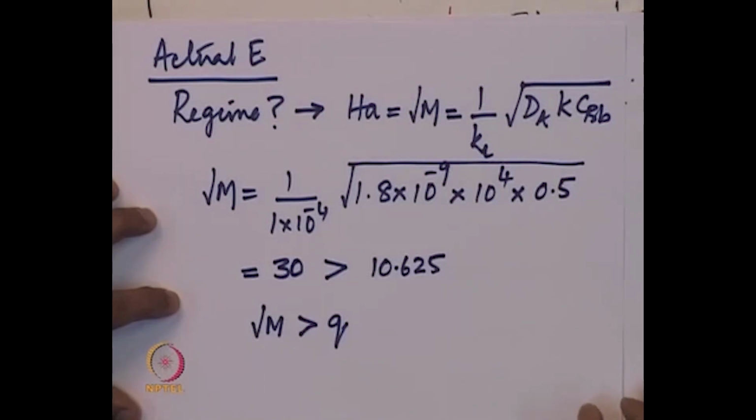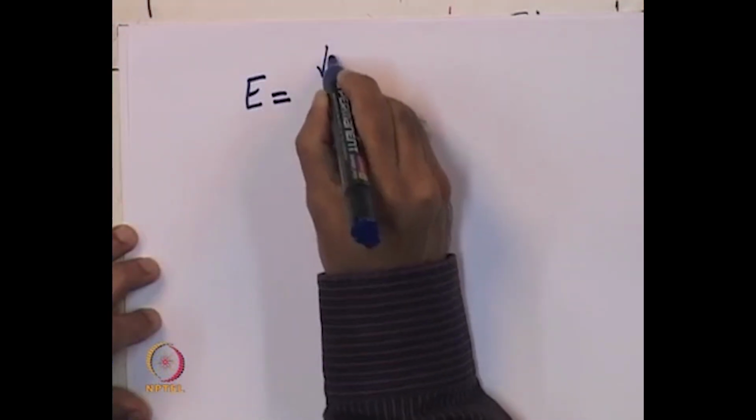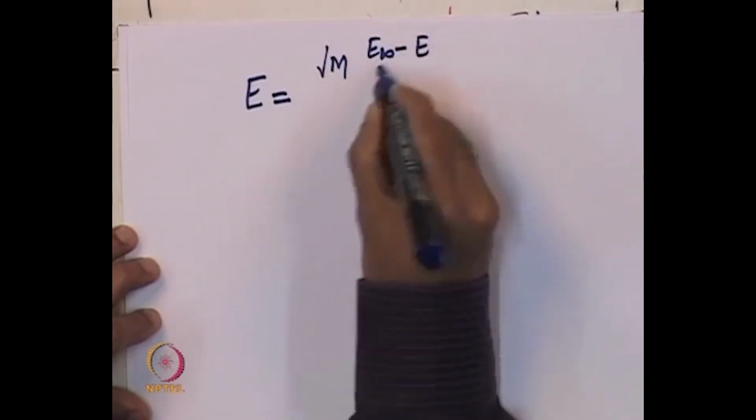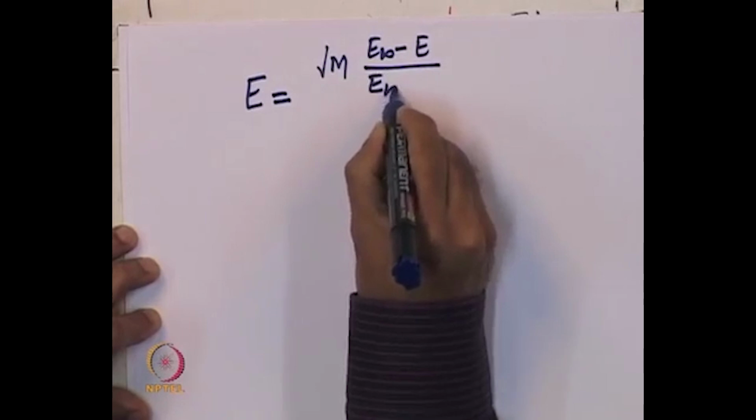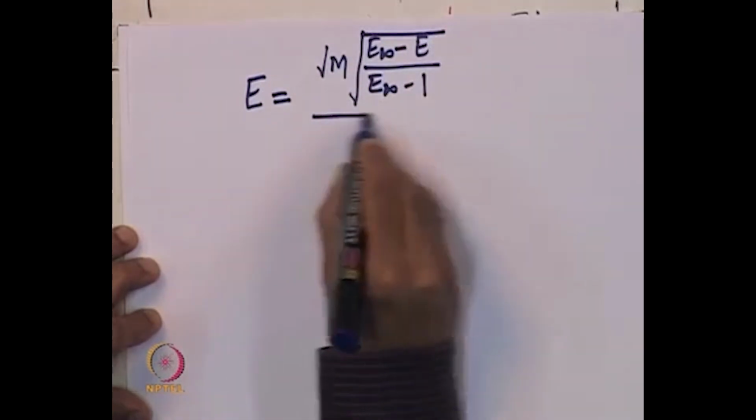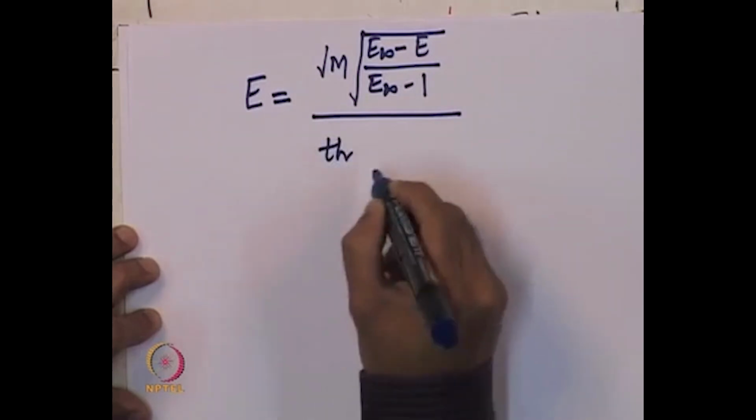Therefore, let us not assume that E is equal to E infinity and proceed to calculate the value of E using the transition regime expression, which is this here: square root of m into (E infinity minus E) divided by (E infinity minus 1), this also under the square root, divided by tanh of the same quantity.